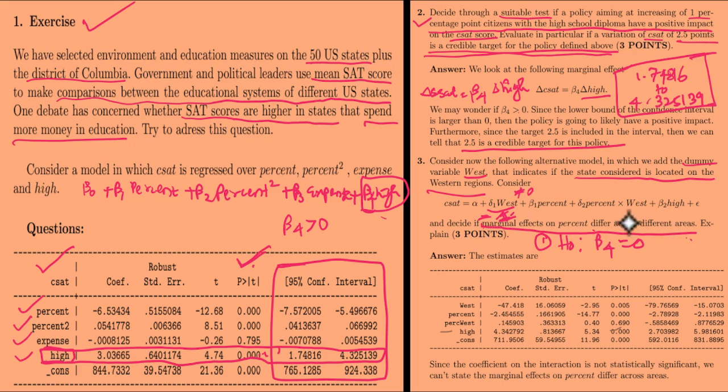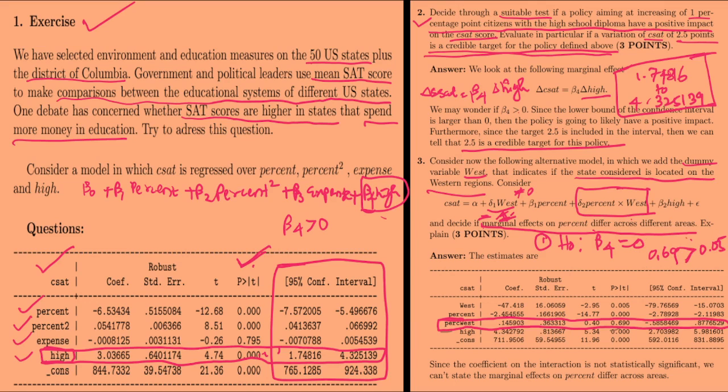That means the relevant concept is delta 2, and the relevant figures for us are in this part. In this line you can see that the probability value of percent with that interactive dummy is 0.69, and 0.69 is greater than your 0.05 significance level.